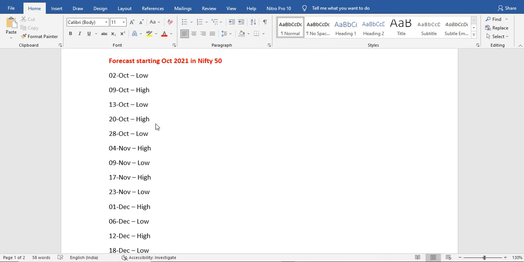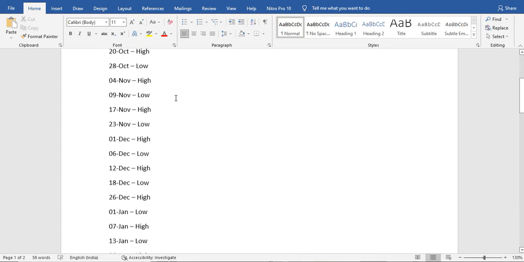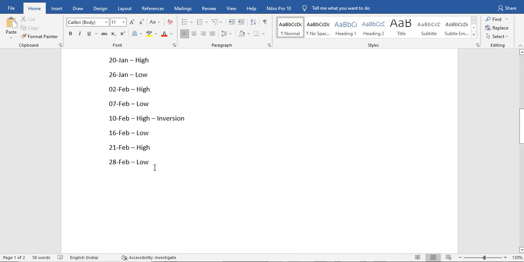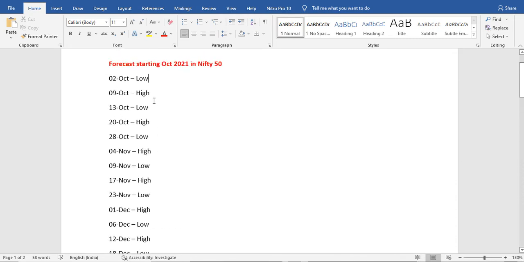I have listed here the forecast starting from October 2021 till February 2022, and you can see this sequence is never ever broken. It goes from low to high, high to low, then again low to high, then high to low, and so on.